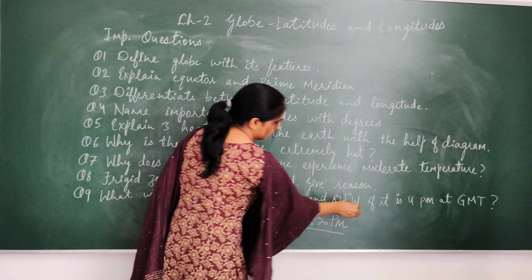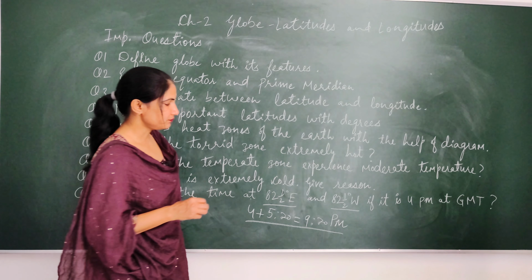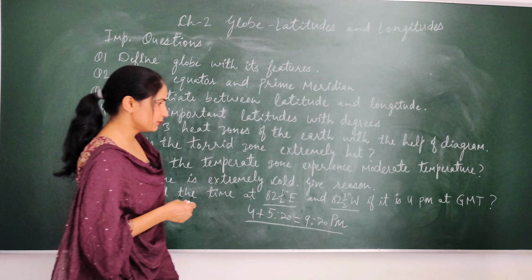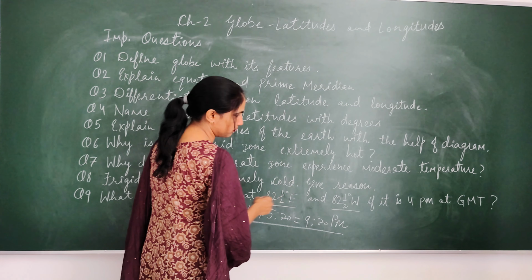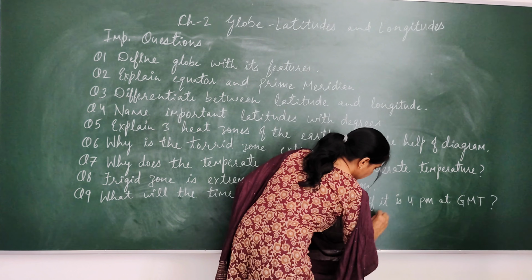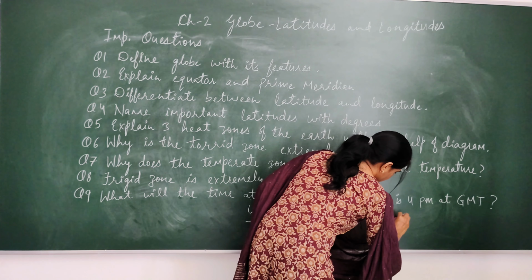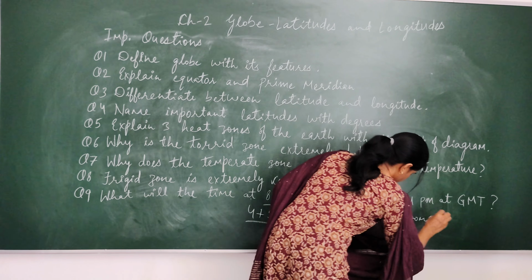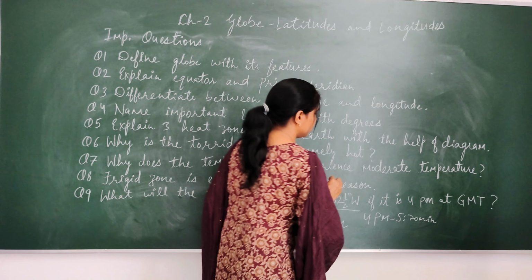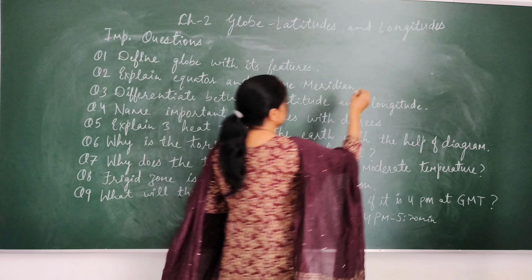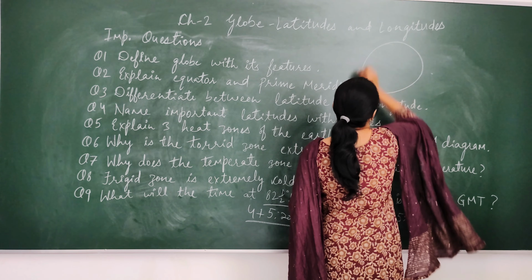Now calculate the time at 82.5 degree west. So we will subtract 5 hours 30 minutes from 4 p.m. To calculate this type of time, let's make our clock.